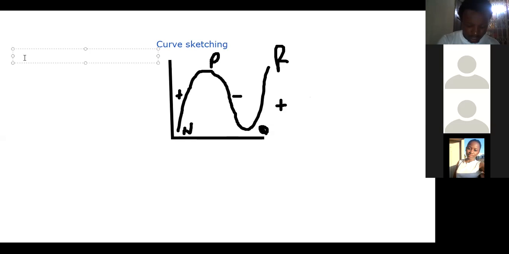we are given the equation y equals 2x cubed minus 9x squared plus 12x plus 3.